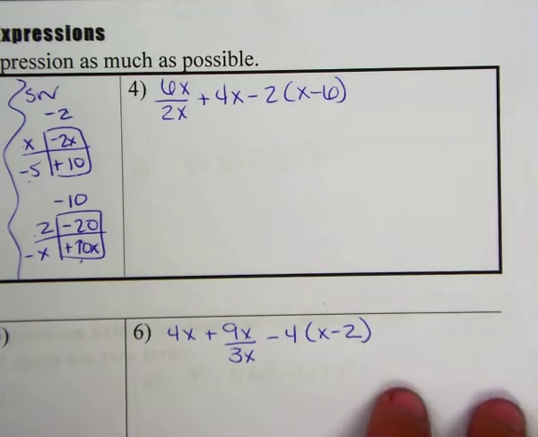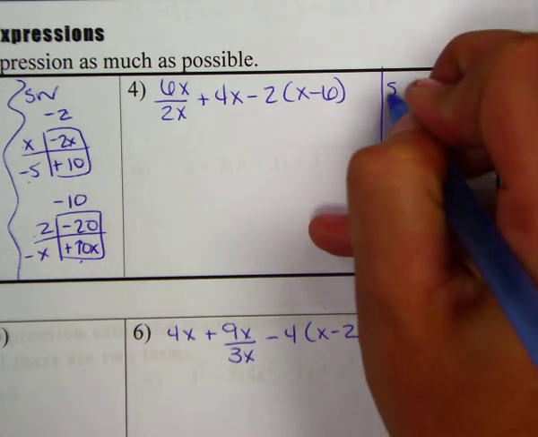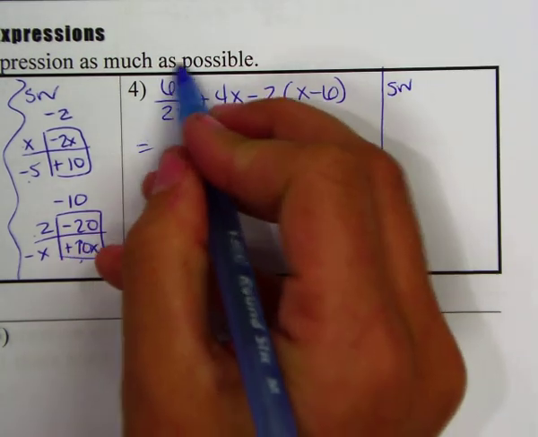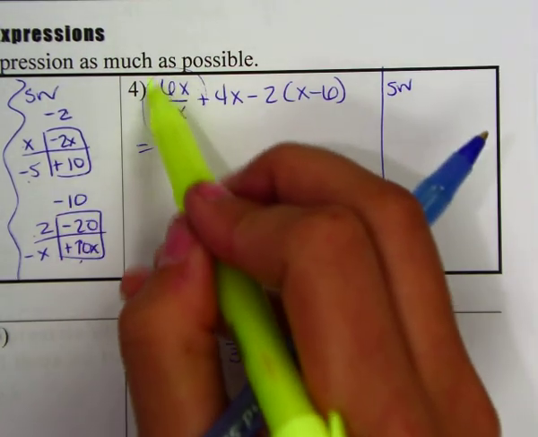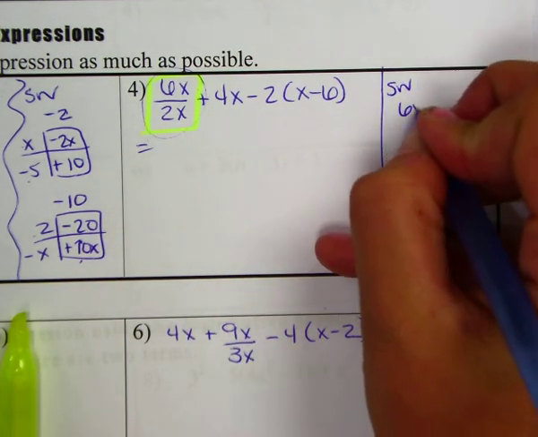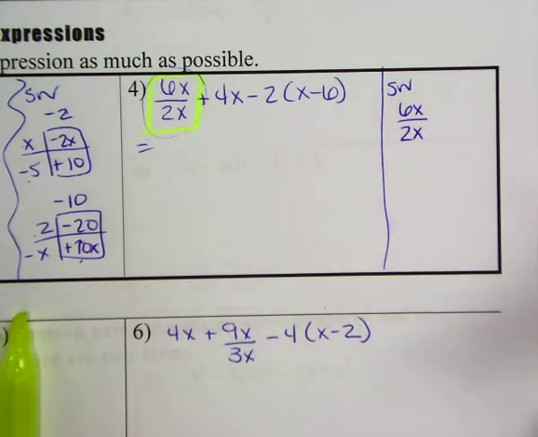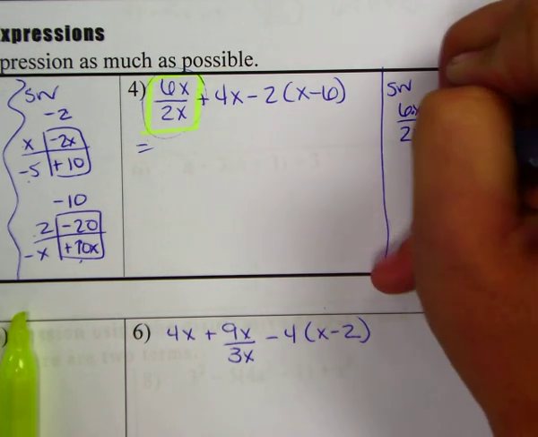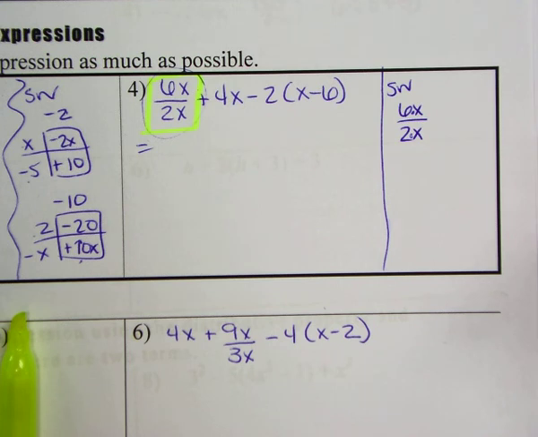Next is this one. So this, I'm going to bring it to the side and do some scratch work. So just like this is 6 times x and this is 2 times x.